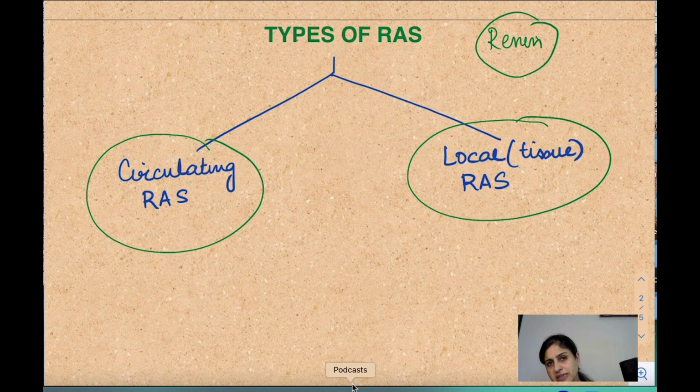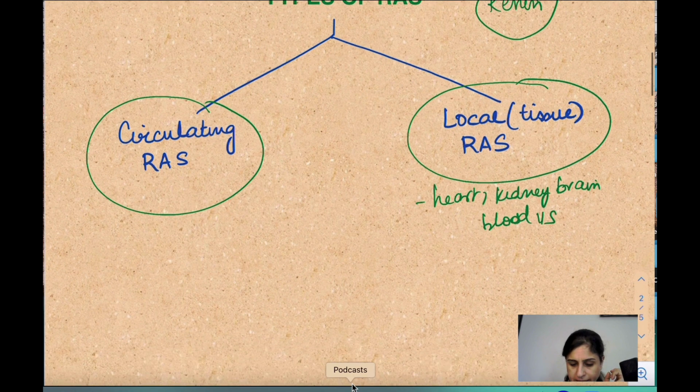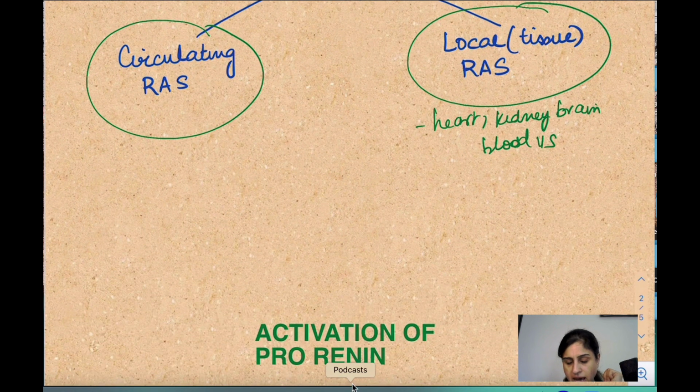While the local system is local to certain organs. For example, it is present in the heart, it is present in the kidneys, even in the brain and blood vessels. तो यहाँ पे ये present होते हैं as a local system. ठीक है? अब जो circulating RAS होता है basically, that is when you release the renin, जो हमने किया, it is released from the JG cells, and then it further goes and does the work.